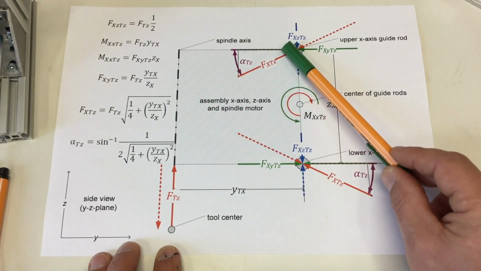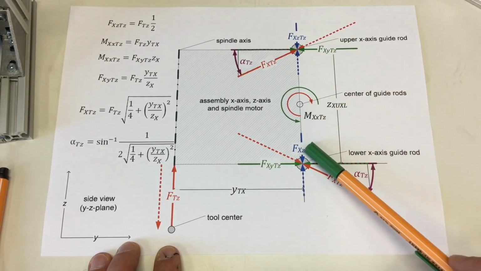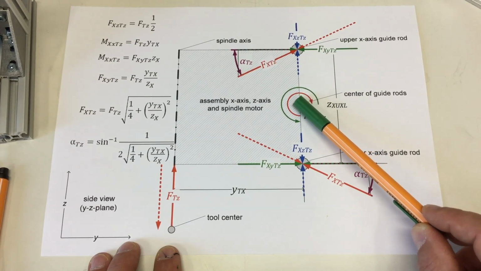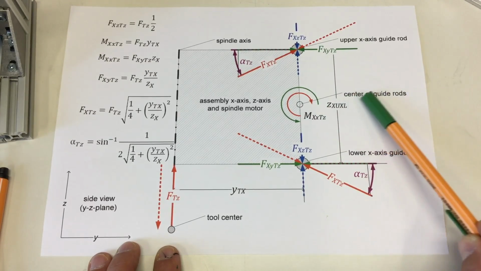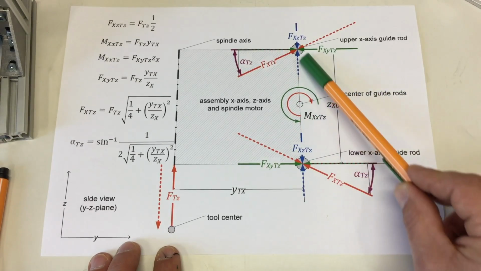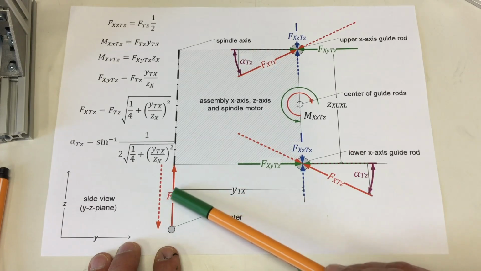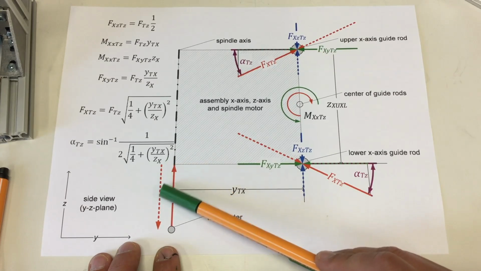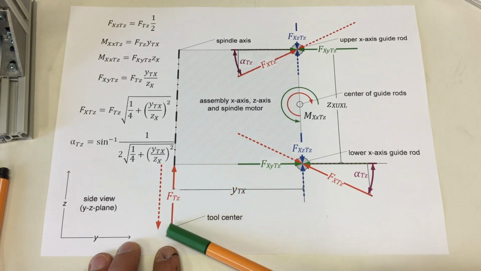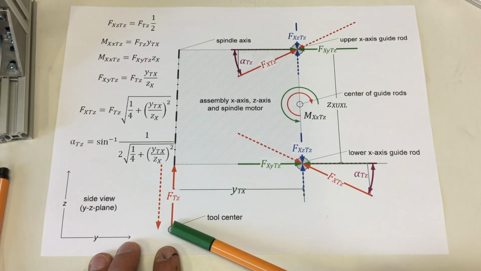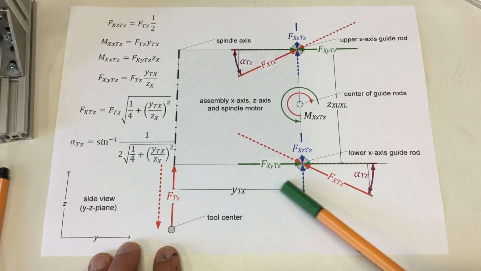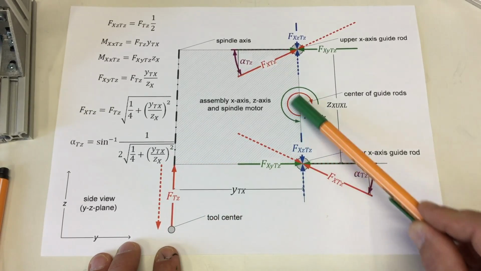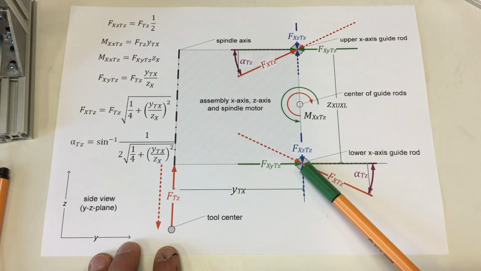We have our upper x-axis guide rod and our lower x-axis guide rod, and we have our rotational center for our momentum, which is exactly at the center of both guide rods. We have our force exerted on the tool, and ignore for the moment the dotted forces. Our tool center is somewhere down below, we don't really care. We have our distance between our tool and our upper and lower guide rods.